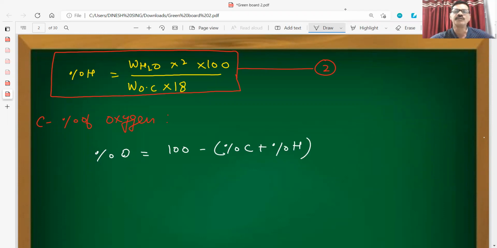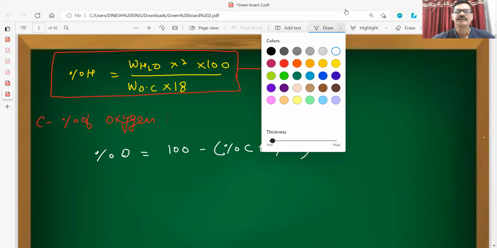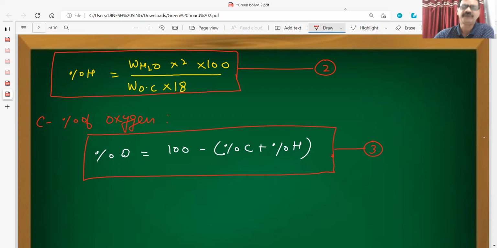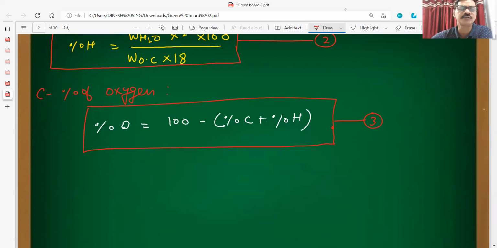So from this formula we will determine the percentage of oxygen. This is the third formula. So this is basically for the determination of carbon, hydrogen and oxygen percentages in organic compound. Other methods are also there, but because we are just going to start, there is no need for them now.